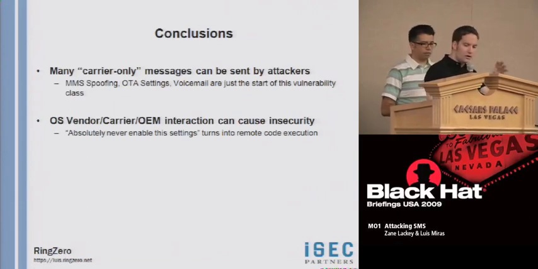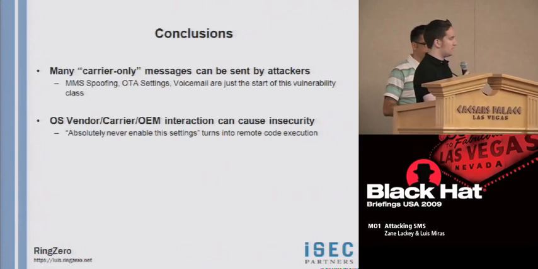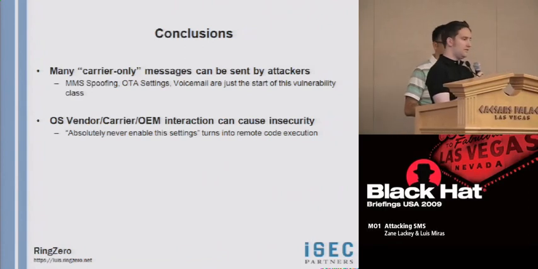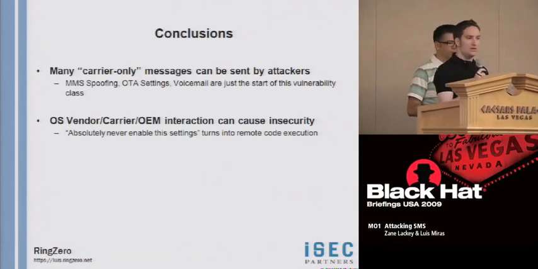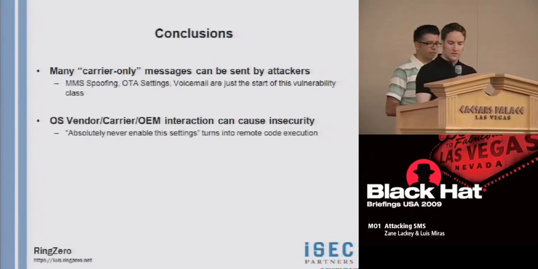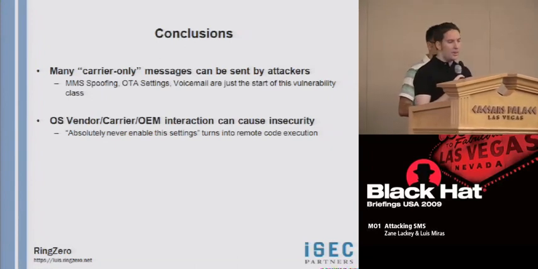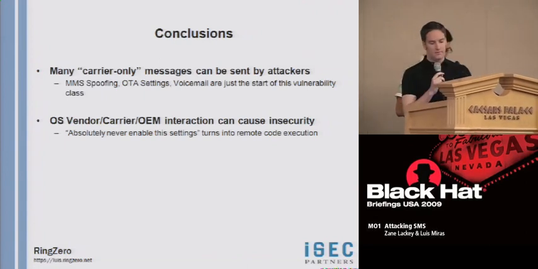And now there's a lot more to that process. Now with all three of them agreeing or not agreeing on different settings before they go out the door. So just like the carrier messages, we're going to see more vulnerabilities here. This is definitely something that we haven't seen the end of.